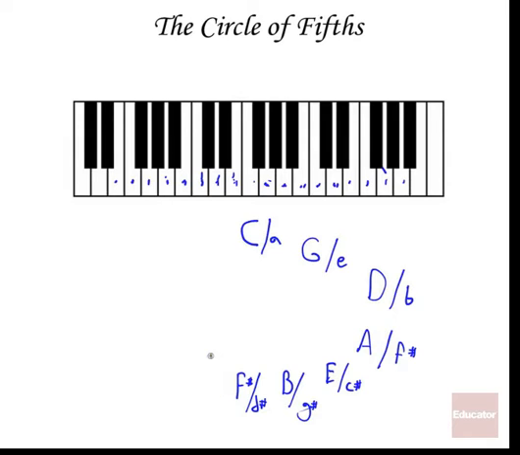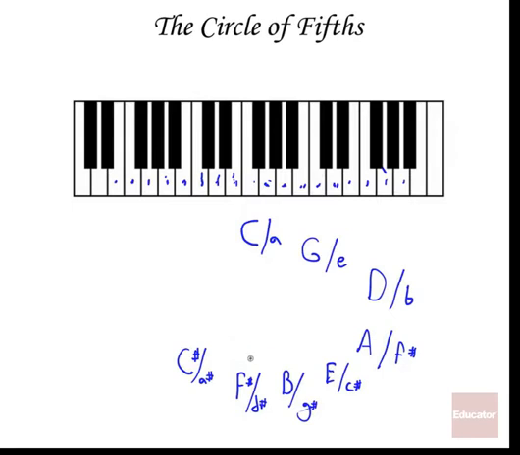So F sharp, and then we're going to move up a fifth from F sharp, which is C sharp, or A sharp minor. And now to continue, instead of moving up in sharps, we're going to switch over to flats.